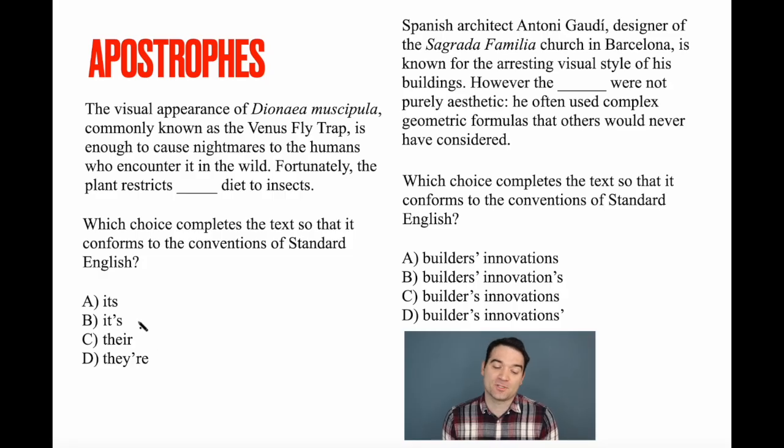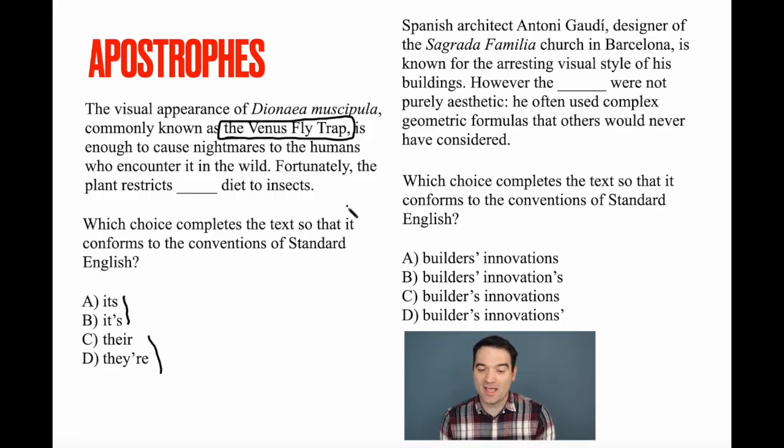If we look at these answer options, first we have to decide between its and their. Well, that decision isn't too difficult because we're talking about one thing, the Venus flytrap. We're not talking about multiple flytraps. And then we emphasize that again down here, the plant. There's only one plant that we're talking about, the Venus flytrap. So we're dealing with its because there is no plural, right? So that's out.